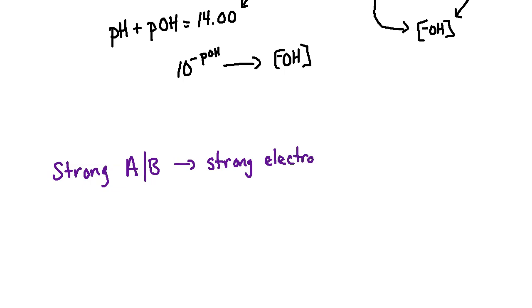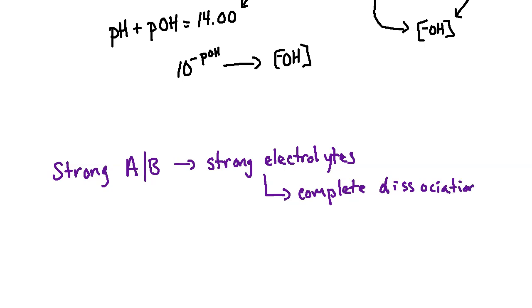If you remember when we talk about solubility and ions dissolving in solution, a strong electrolyte is one that will completely come apart, or completely dissociate, in solution. And that is what's going to be considered a strong acid or a strong base.